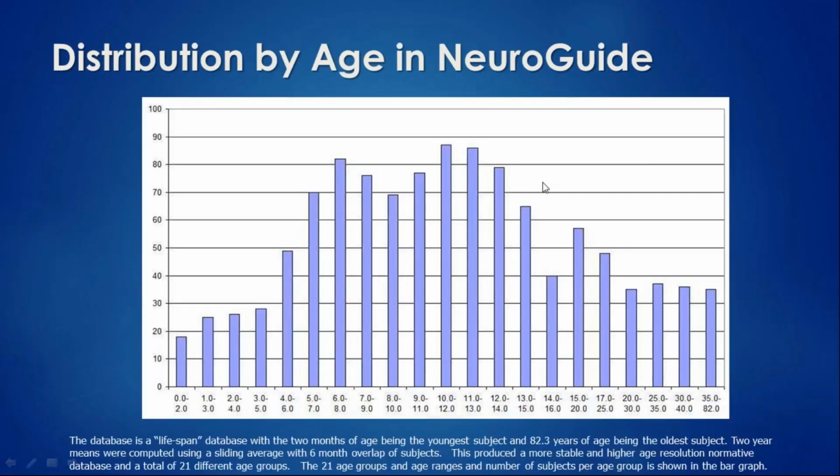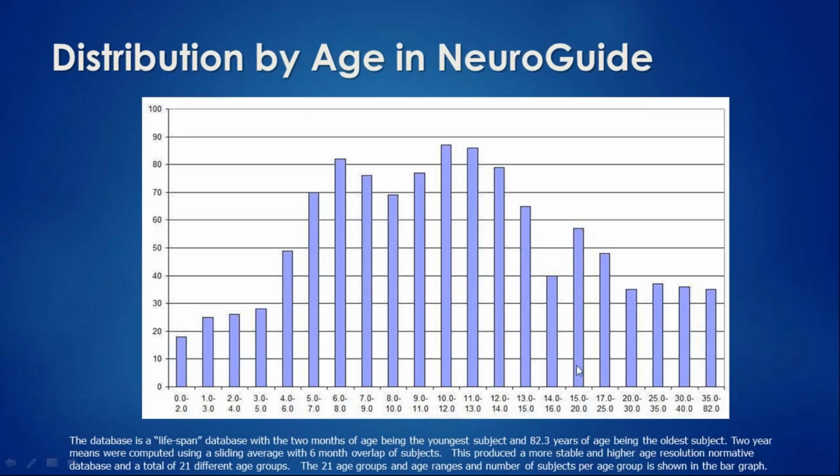When I mentioned the distribution of age for the individuals who are included as normal people in NeuroGuide, this is the general breakdown. You can see that the x-axis is the age of the individual, and the y-axis is the number of people. We can see that his database heavily favors children and teenagers up to the age of about 20, and then there are fewer samples.